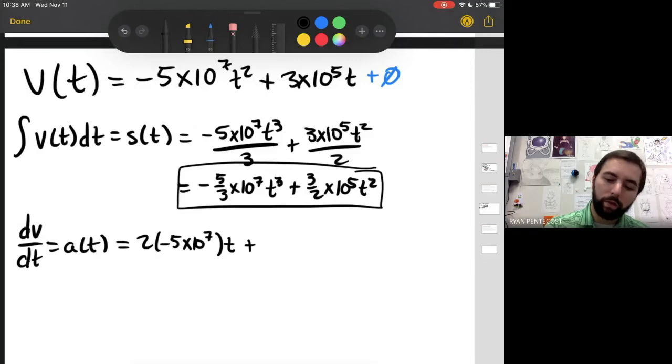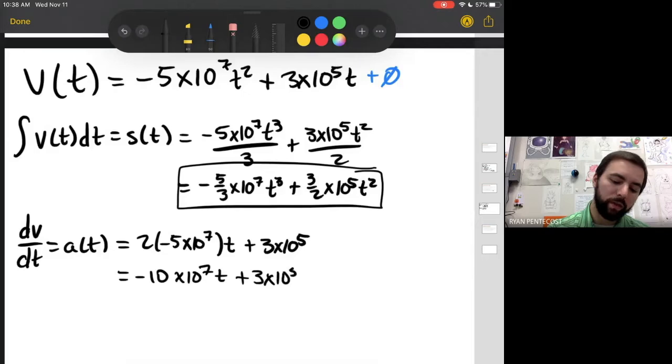Then there is just a 1 as an exponent, so that is 3 times 10 to the 5th. Take the t away, and there's no constant there. So that is our acceleration. We could do this multiplication, negative 10 times 10 to the 7th t plus 3 times 10 to the 5th. You can also say that is negative 1 times 10 to the 8th, whichever floats your boat.